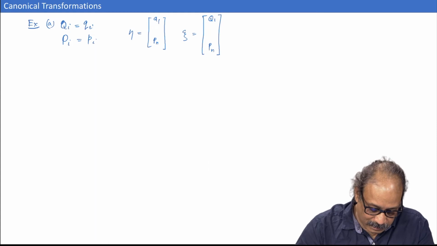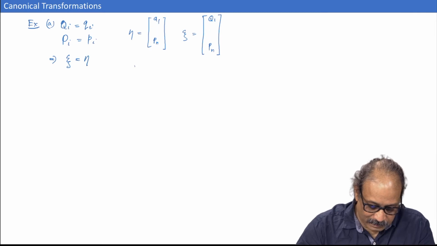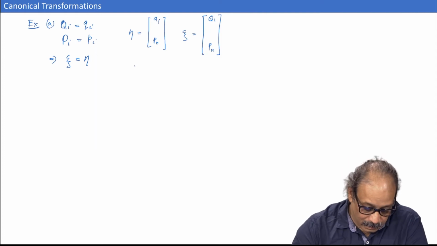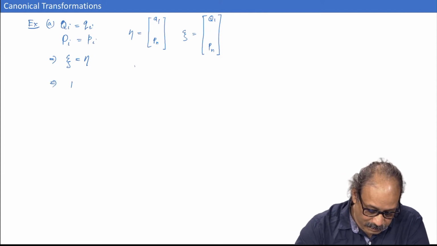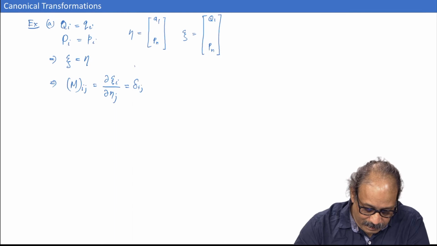And what does this transformation tell you? That this transformation essentially says new variables are exactly same as old variables. And what is the Jacobian matrix for this? So, Jacobian matrix ijth element is nothing but del xi i by del eta j, and this is nothing but delta ij.